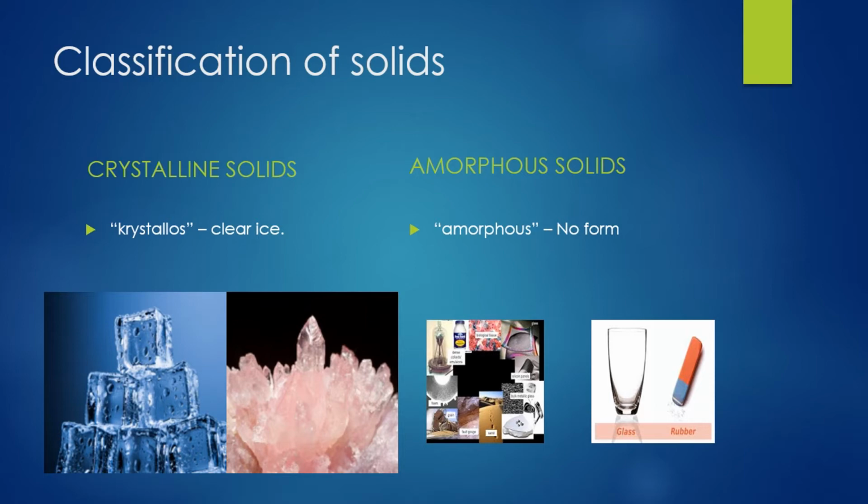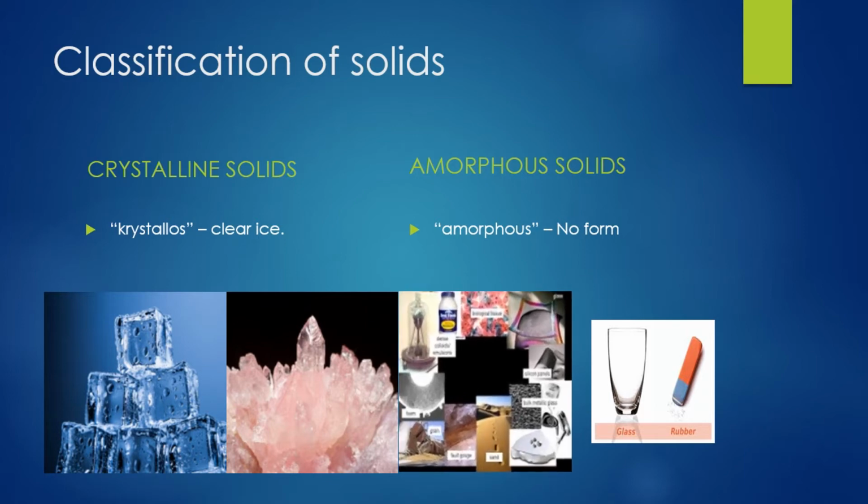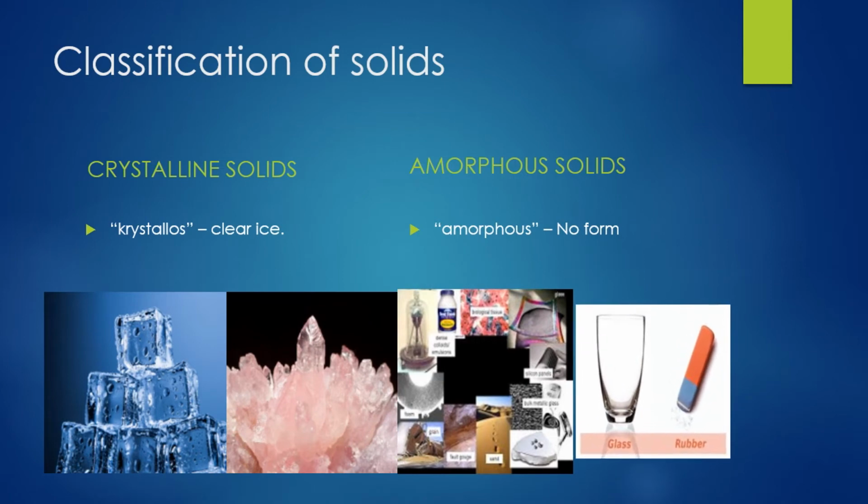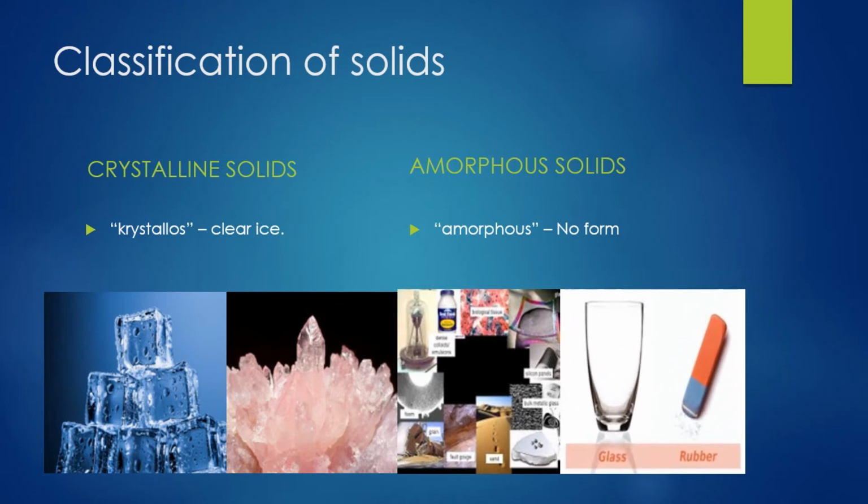The next one is amorphous solids. The name amorphous arrived from a Greek word meaning without form or no form. In amorphous solids, the atoms or ions or molecules are not perfectly packed. That's the difference between amorphous and crystalline solids.